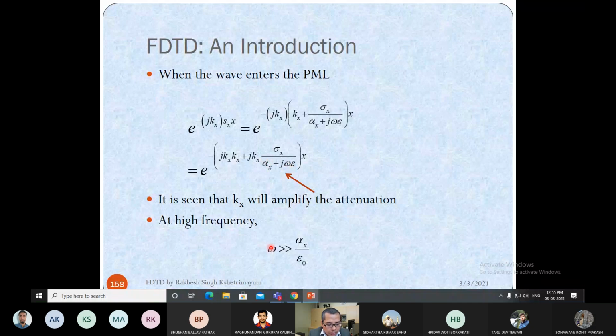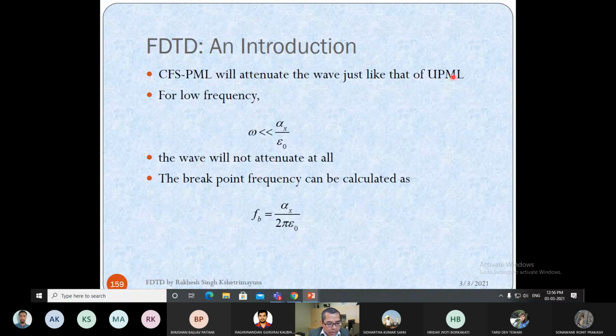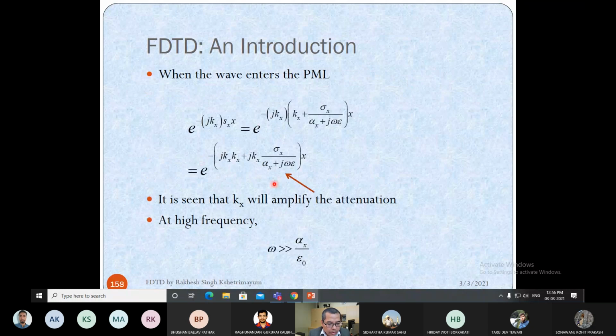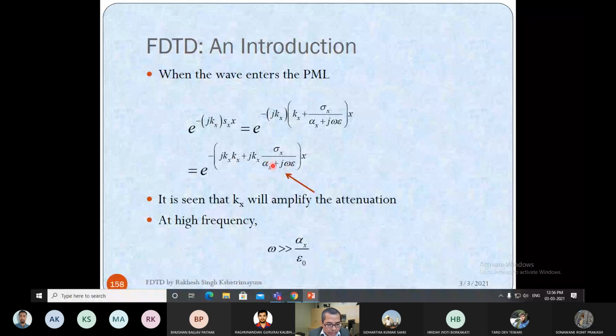So omega would be much greater than alpha x by epsilon 0, so I can neglect alpha x here. What I have is the uniaxial PML. So when I neglect alpha x, then this is that of the uniaxial PML. That is the PML we have just considered. Alpha x is additionally added here intentionally. So when omega is high, frequency high, the alpha x effect is not observed here.